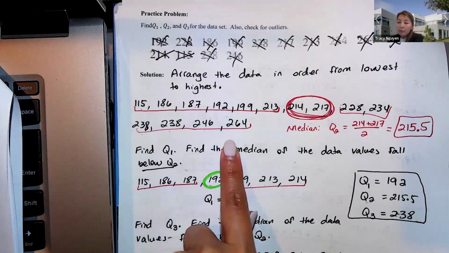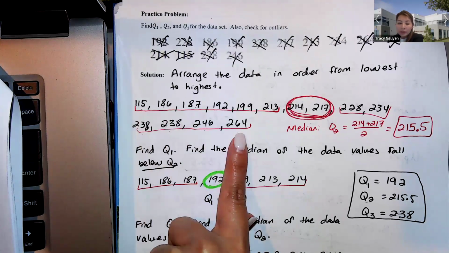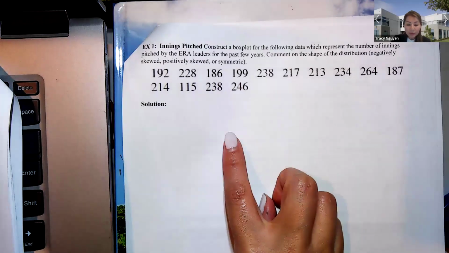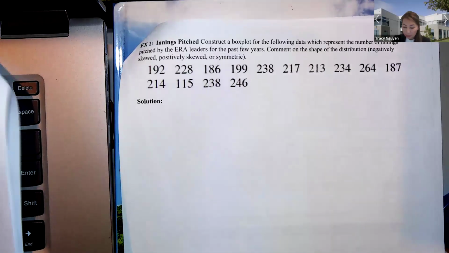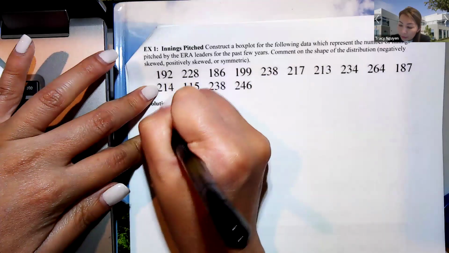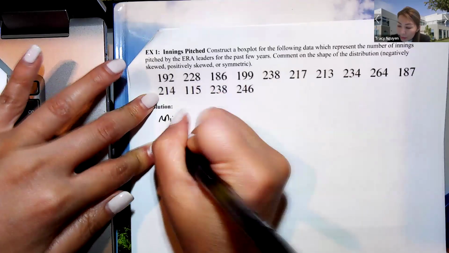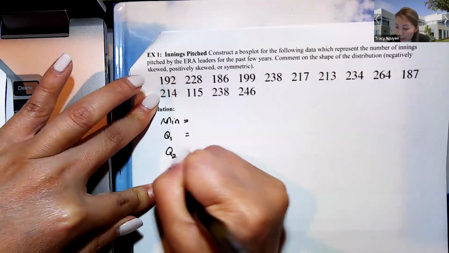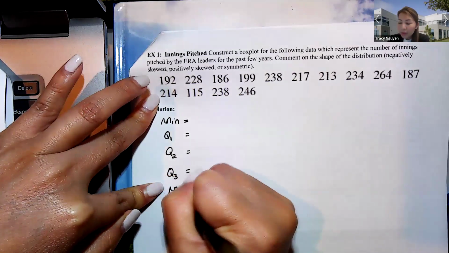It was our last problem, which is the practice problem, from 115 to 264. So this data here, we already have the 5-number summary from our work earlier. We're going to find the 5-number summary: the minimum, the 3 quartiles, and the maximum value.